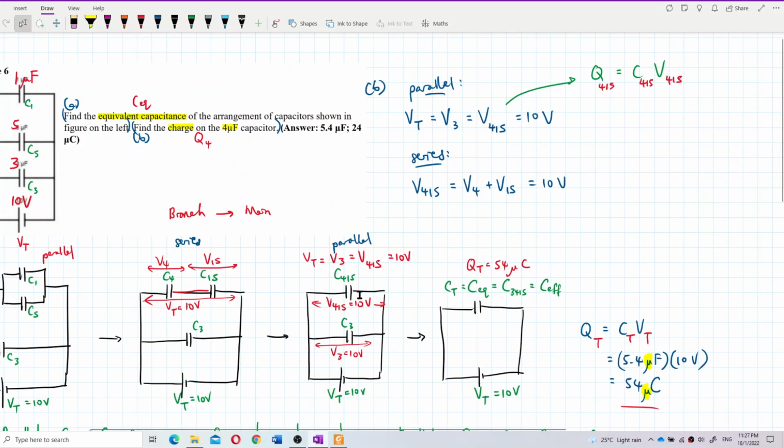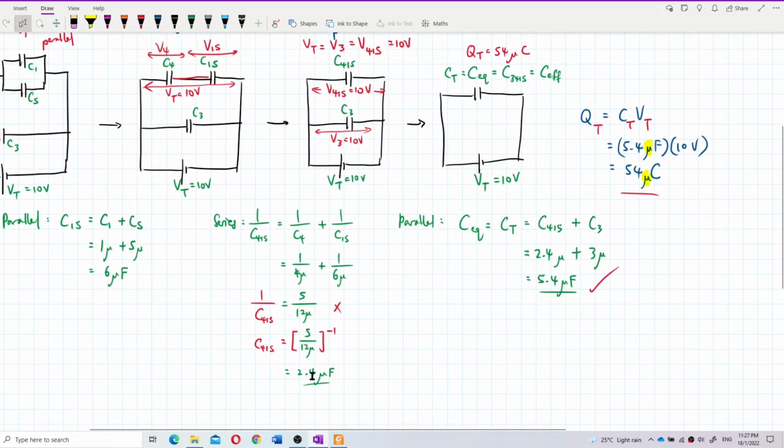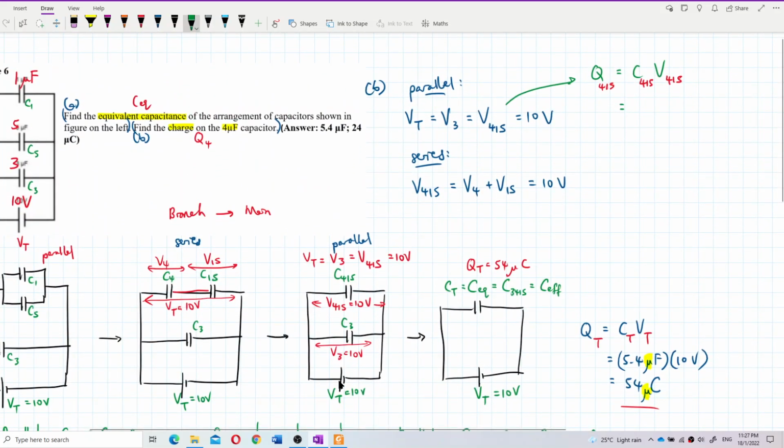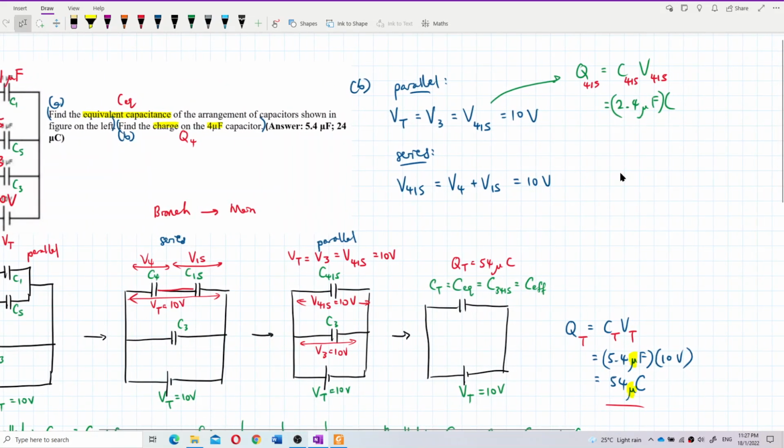So C415 is 2.4 microfarad, multiplied by V415, which is 10 volts.